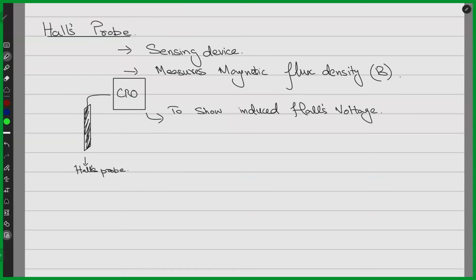So let's suppose this is my conductor, and as we saw previously, the magnetic field is coming at, how do I draw this? Actually, I need to draw a 3D figure.